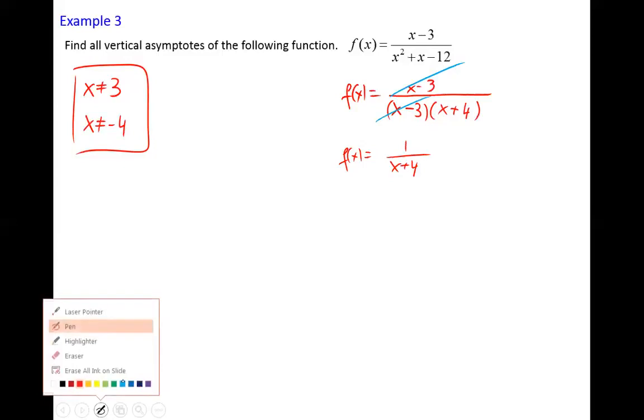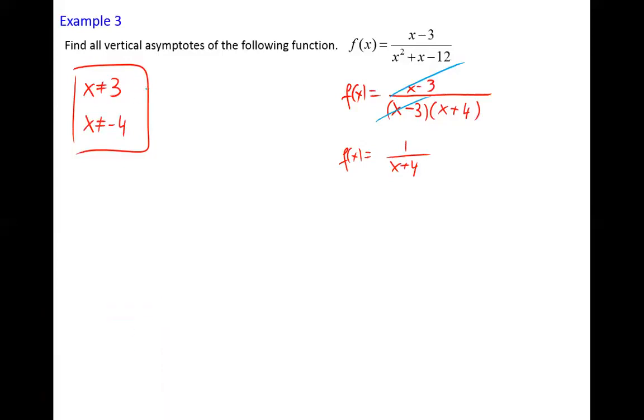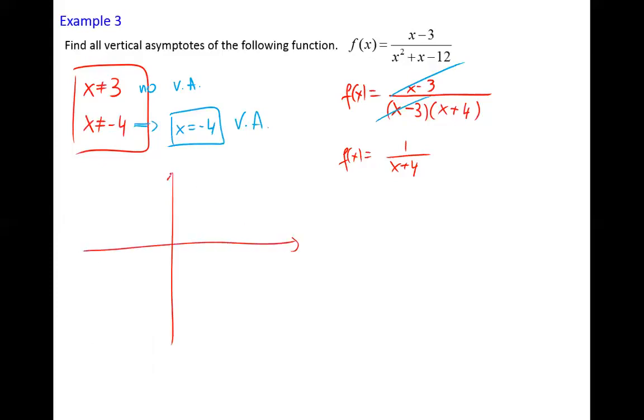Since I reduced, there will be no vertical asymptote at 3, but there will be a vertical asymptote at negative 4. This is a vertical asymptote, and we can also draw the function.